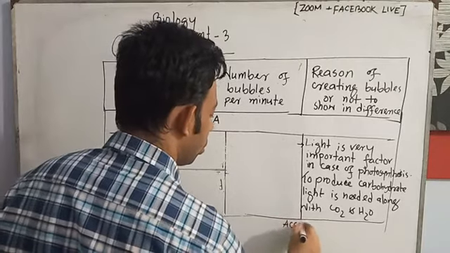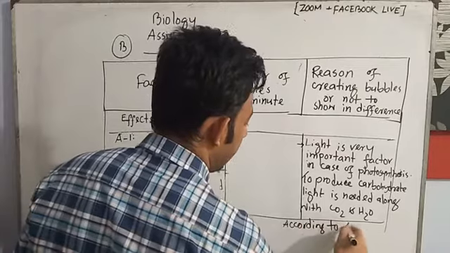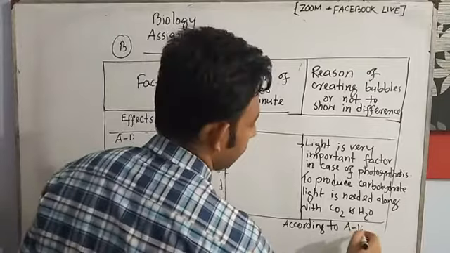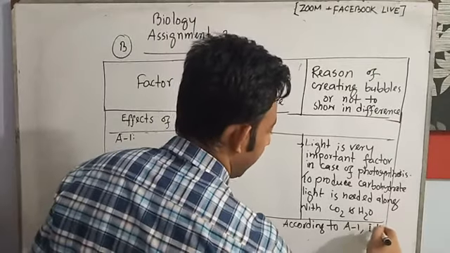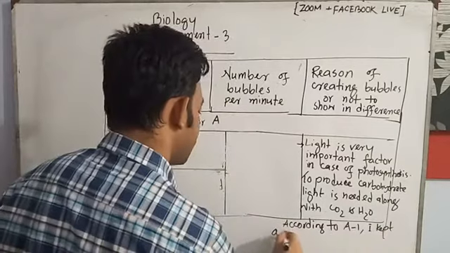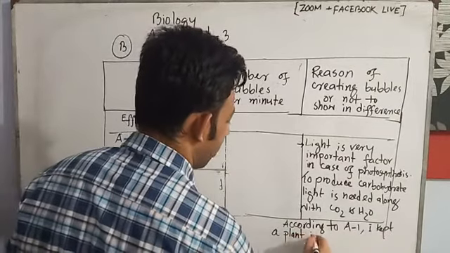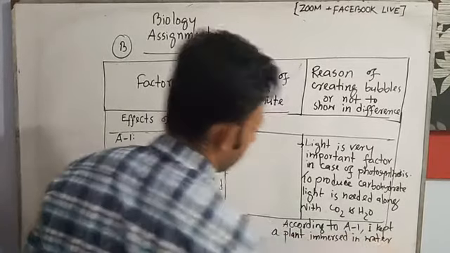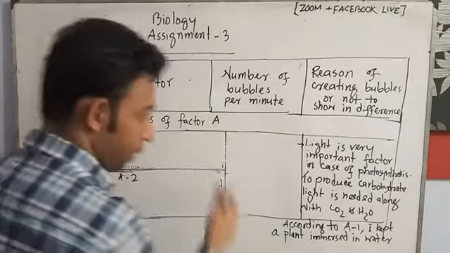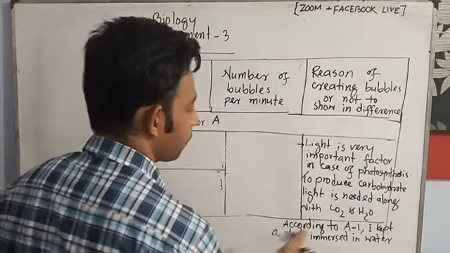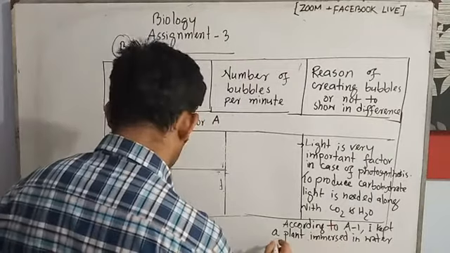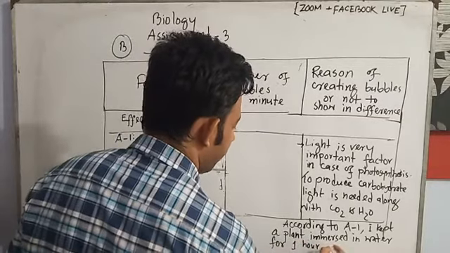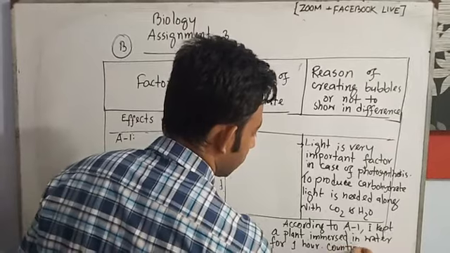According to A1, in presence of sunlight, I kept a plant immersed in water for 1 hour, counting the number of bubbles.